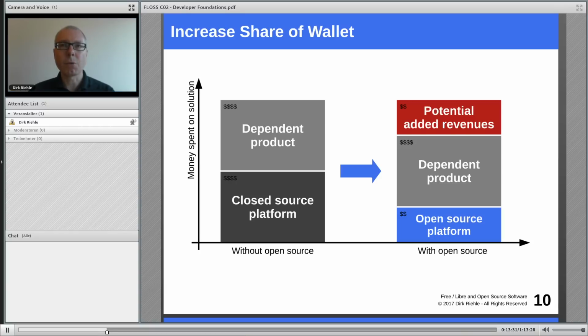There is more available to possibly be spent on additional modules or additional functionality by the dependent product vendor. So by replacing a closed source product with an open source product, companies, vendors can get more of the customer's budget or wallet, metaphorically speaking.